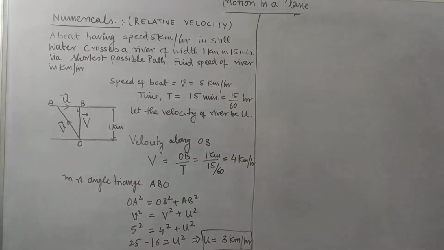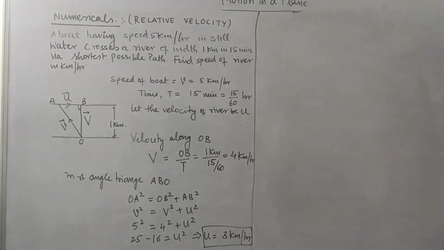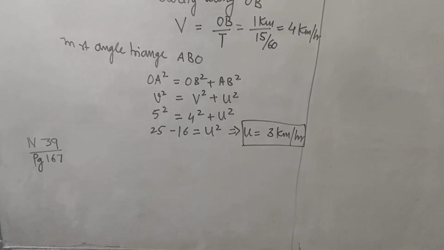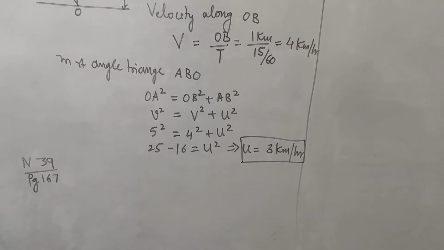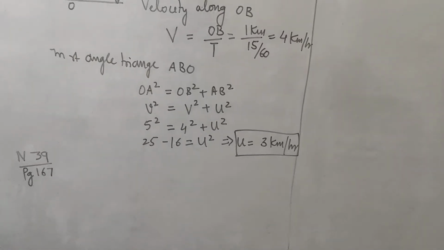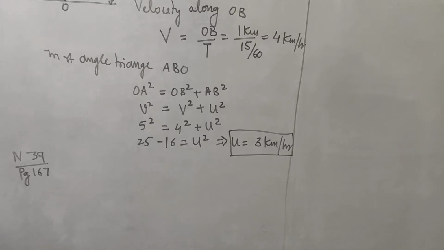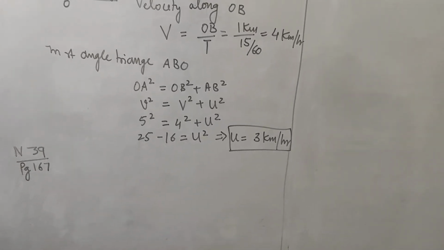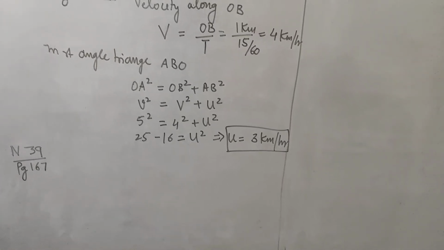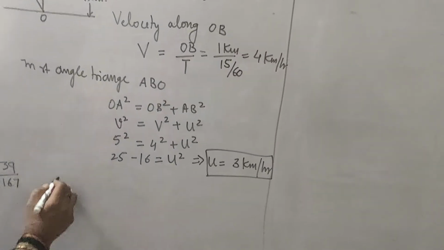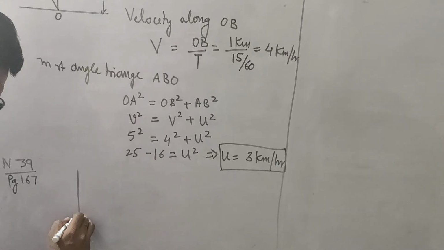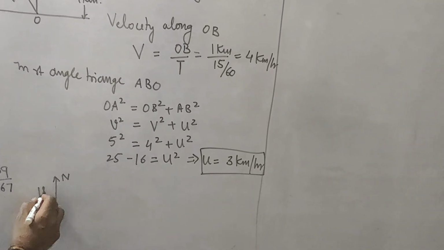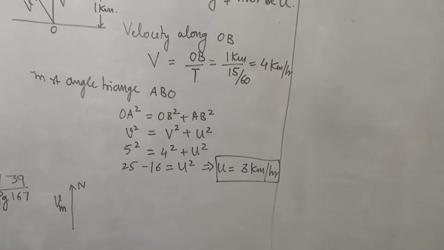Next question is, now the next numerical is, a man is moving with a speed of 4 km per hour. This is numerical number 39 on page 167. A man is moving with a speed of 4 km per hour towards north. So the man is moving towards north. This is the velocity of man.